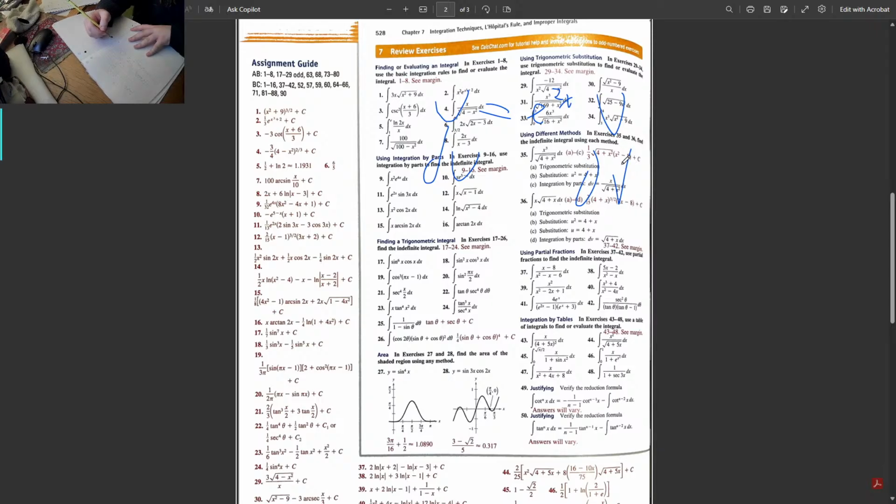So that's negative 2/3 e to the 2x times cosine 3x.